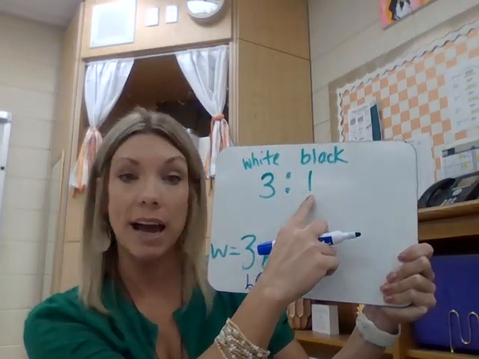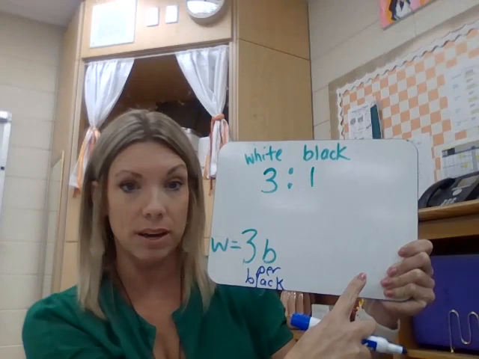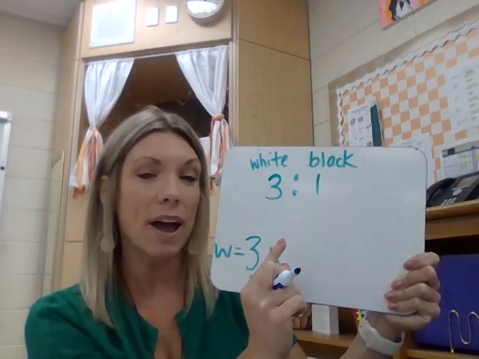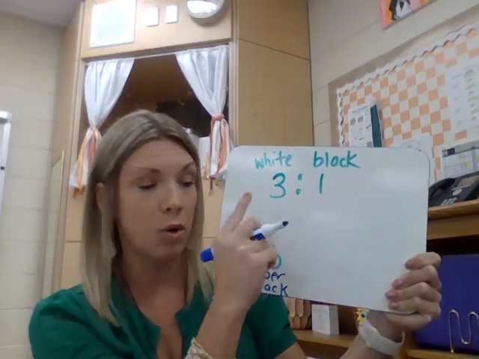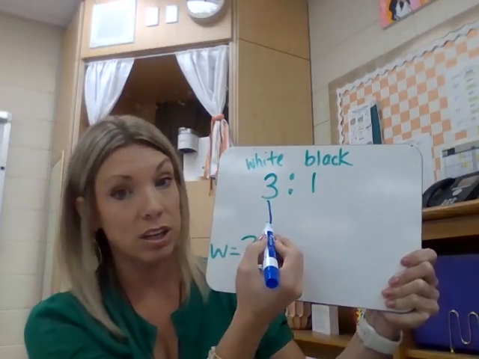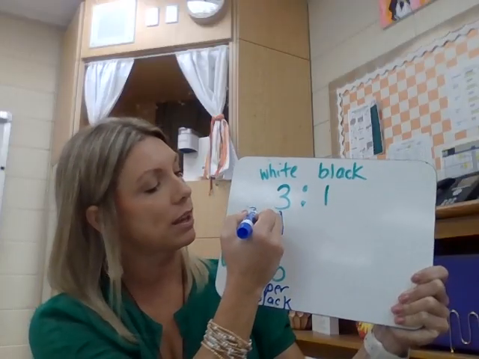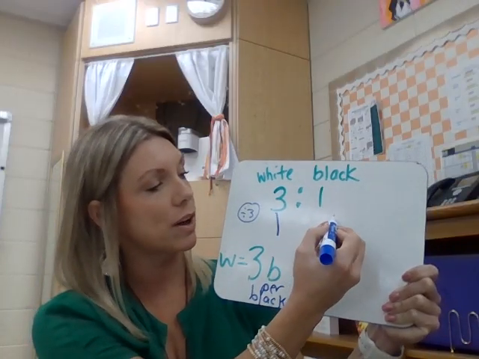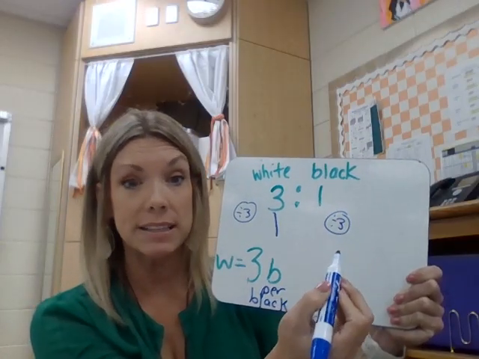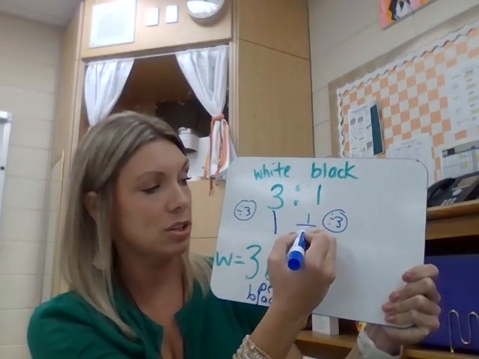So we already did per black paint. What's our second equation going to be? It's going to be per white paint. And if you're saying per white paint, that means per 1 white paint. So you've got to get the white to 1. So how do you get from 3 to 1? Divide by 3. And if you divide by 3 here, then over here you have to divide by 3. How do you write 1 divided by 3? Easy peasy. Numerator divided by your denominator.